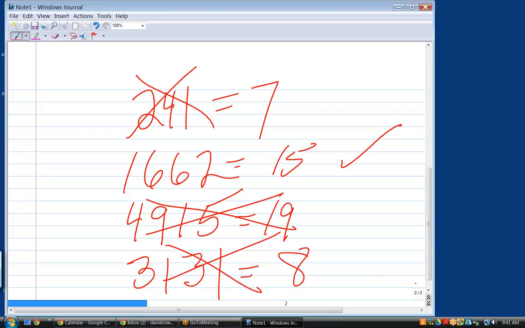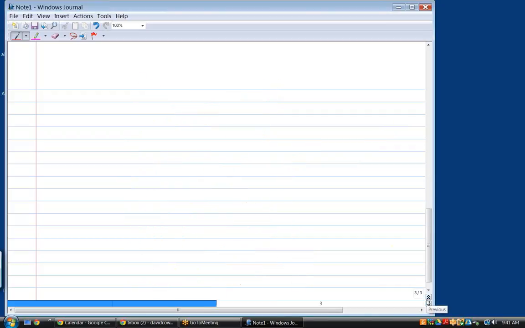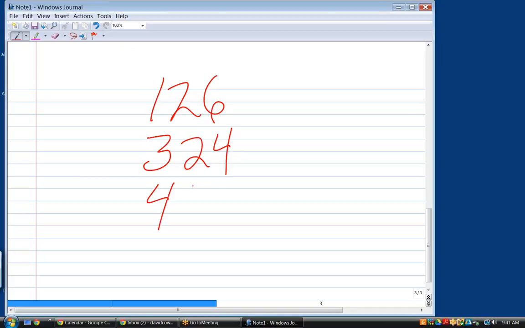A number is divisible by 4. Tell me which of these. To be divisible by 4, the last 2 digits have to be divisible by 4.